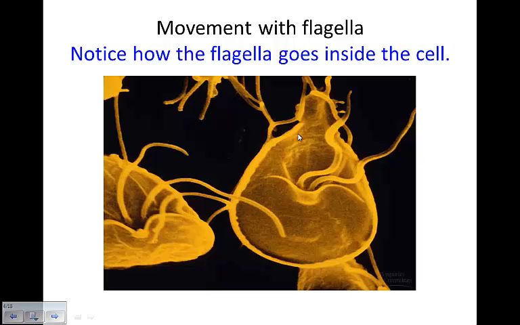Now, most of the protists are motile. That means they can move. And they either use flagella or they'll use cilia to move through the water or some sort of liquid. They're not homologous structures with the bacteria though. It's analogous, remember? So same function, but it is a different structure.